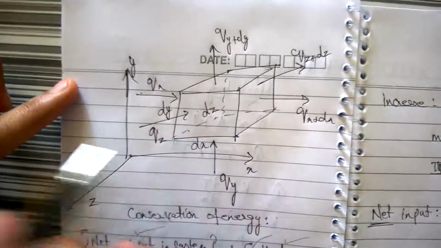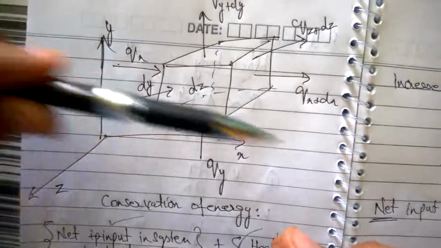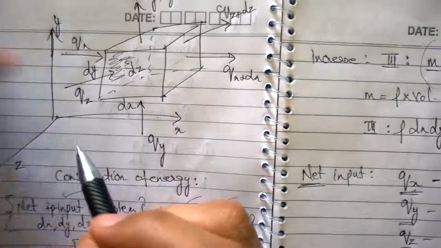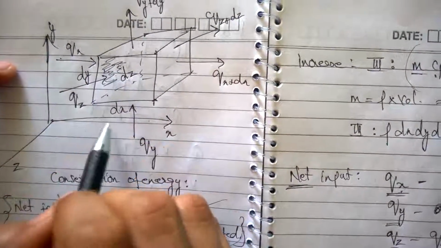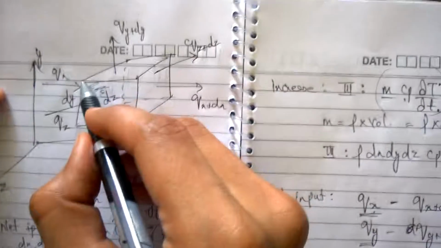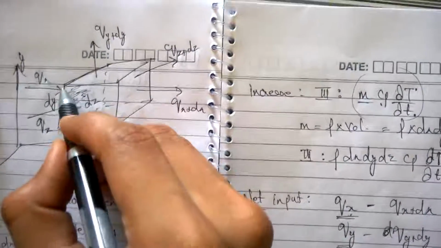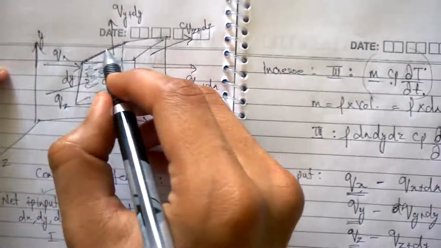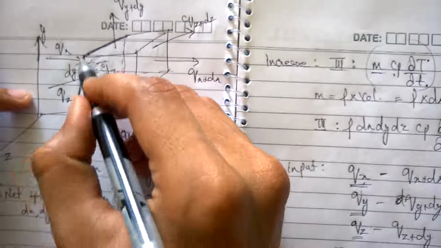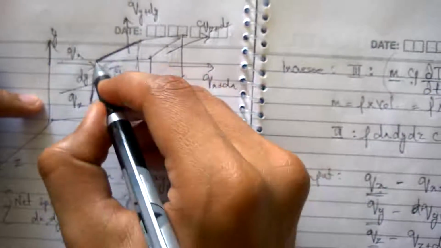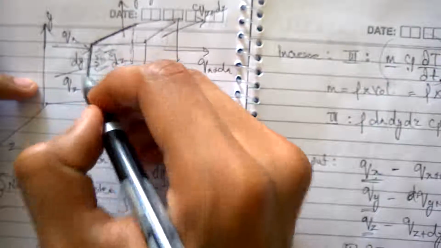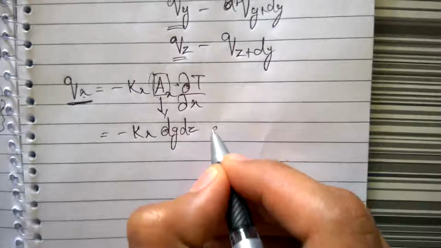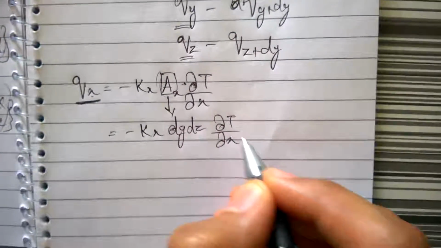Coming back to the diagram, we see that this direction is x. So if you look at this surface, this is representing your surface which is normal to x. Its dimension is this breadth multiplied by this length. This is the area. This is dz, and this is your dy. So this area becomes nothing but dy into dz into dT by dx.